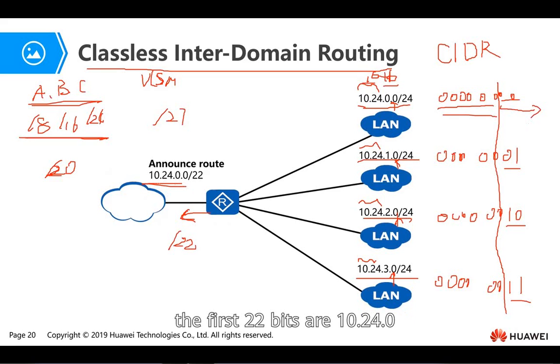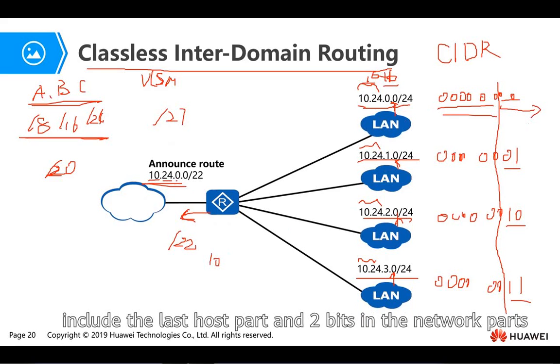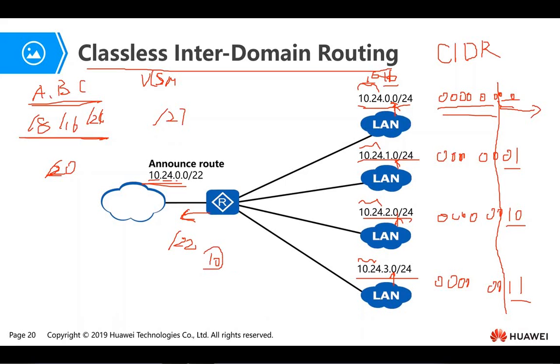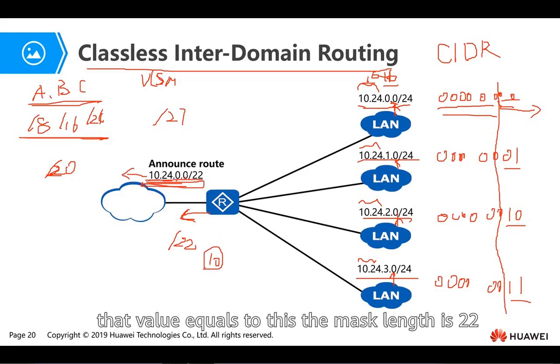The first 22 bits are 10.24.0, and the remaining 10 bits include the last host part and the 2 bits in the network part, which are variable. So this router sends out one route with this value and a mask length of 22.